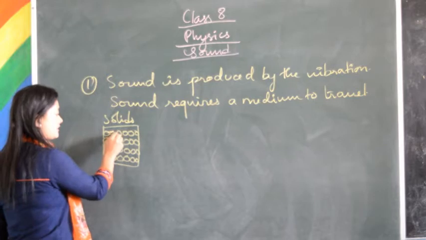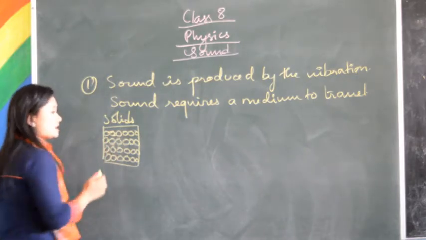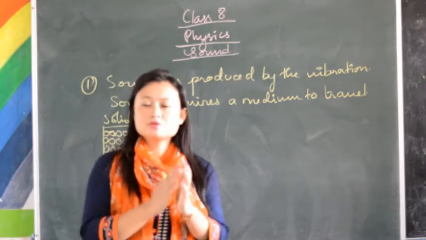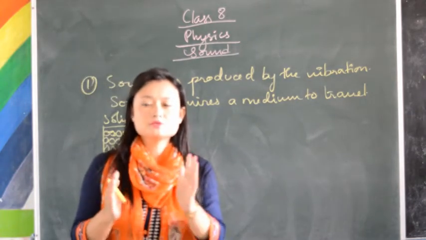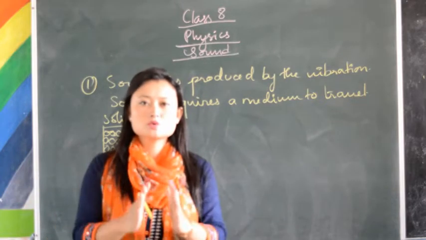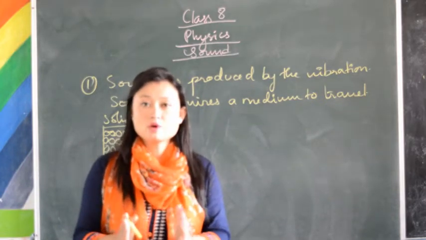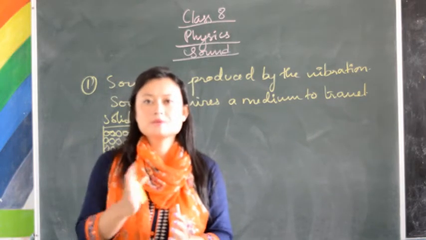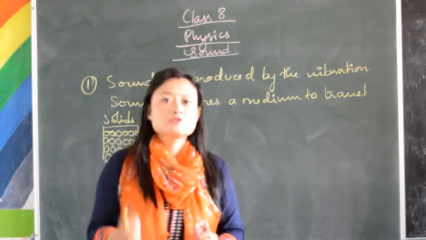This will also start vibrating and touch the next particle. Since they are very close to each other, it becomes easier for the sound to travel. In the case of solids, the particles are tightly packed, and that's why it becomes easier for the sound to travel.